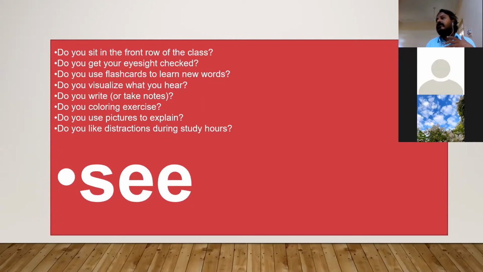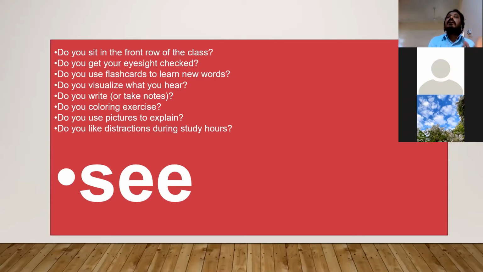Suppose you are talking of sparrow and you want visual learners to visualize the sparrow. They might not have seen the sparrow if they come from a primary school or even a playgroup. So you can put the word S-P-A-R-R-O-W, sparrow, and then a picture of the sparrow.